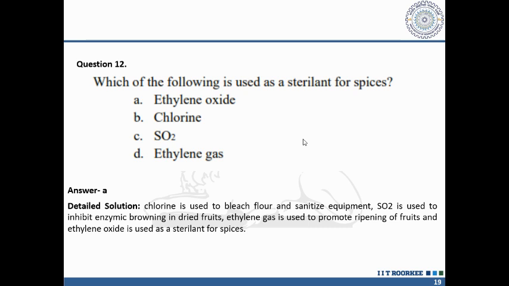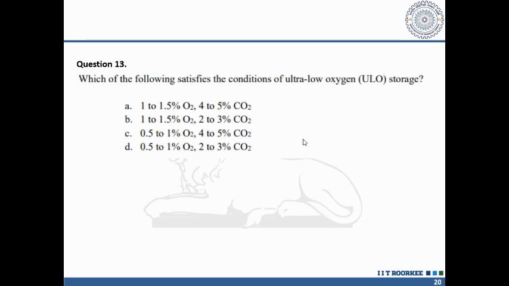Which of the following satisfies the condition of ultra low oxygen storage? You need to tell the amount of oxygen and carbon dioxide present in ultra low oxygen storage. Option A, 1 to 1.5% of O2 and 4 to 5% of CO2.